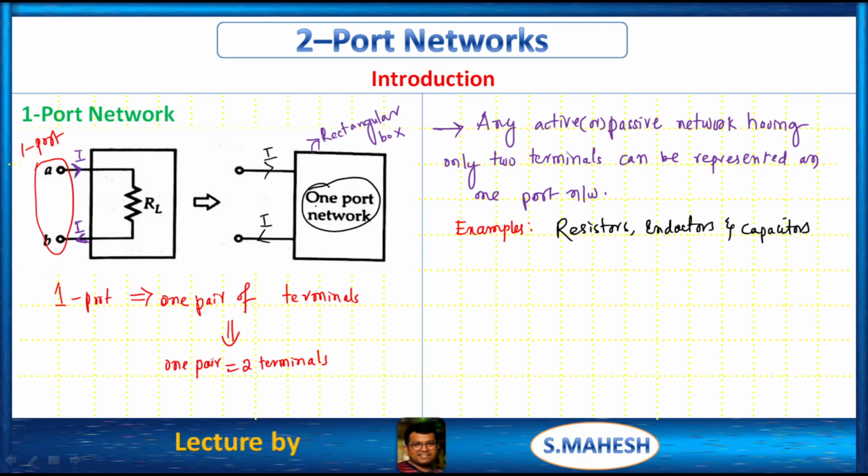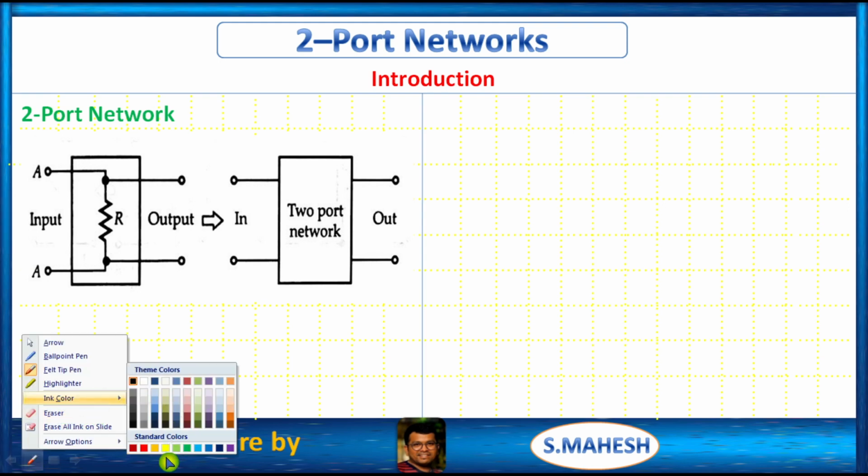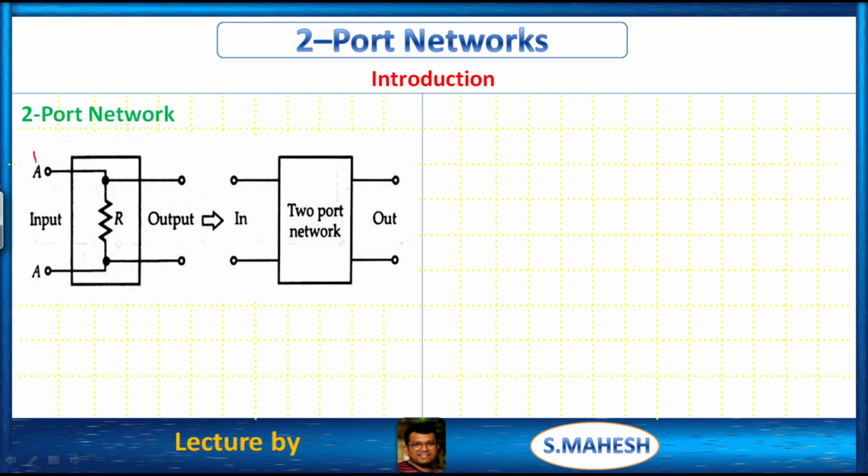Now we have to discuss the two-port network. This is the equivalent model representation of a two-port network. At the input side we have one pair of terminals, and at the output side we have another pair of terminals. Let us say 1 1 dash and 2 2 dash.